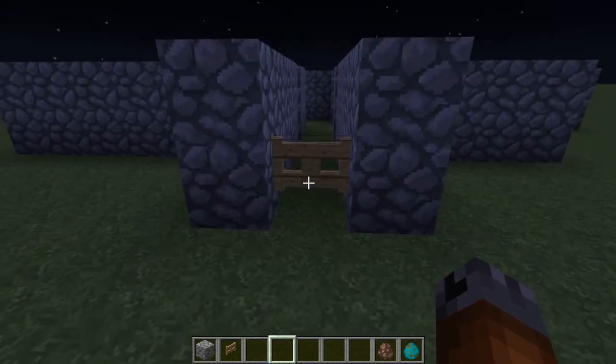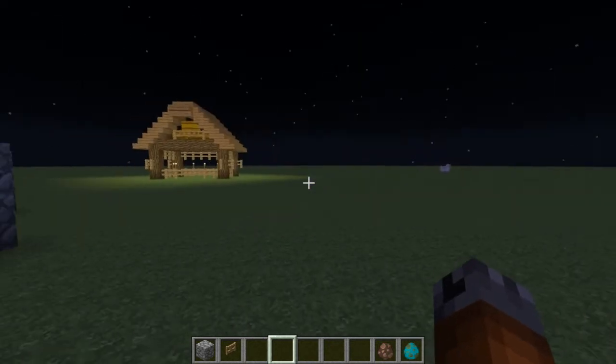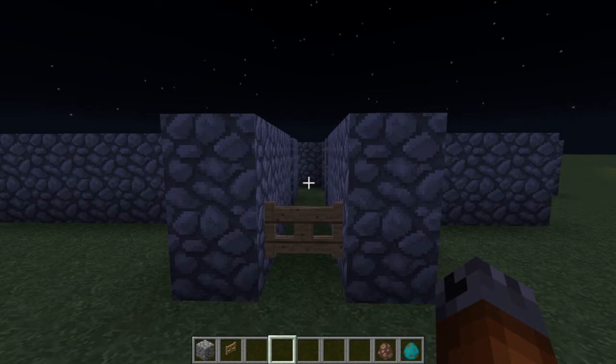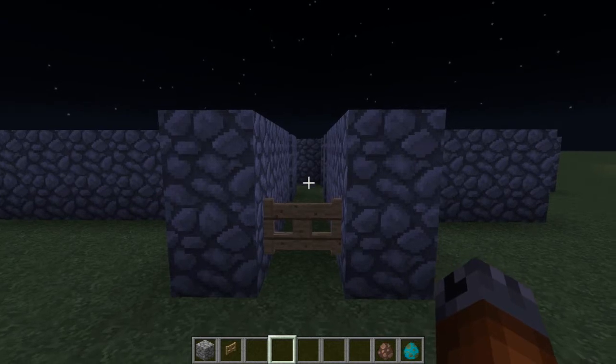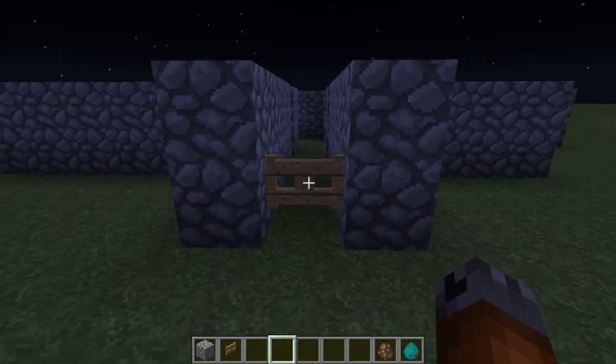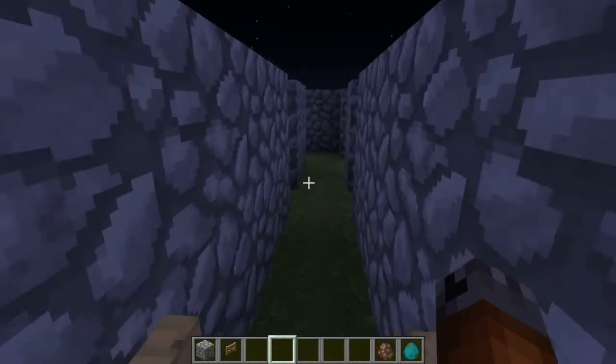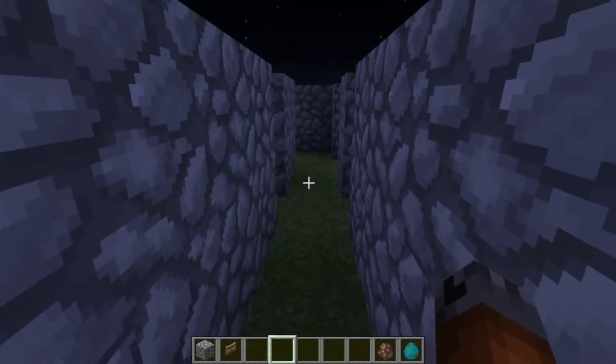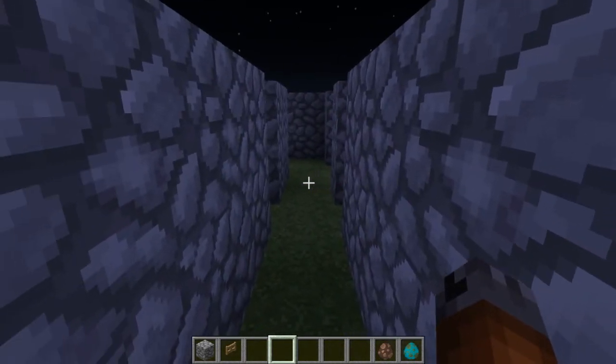Now, I've got an example here. I've got a maze, and we don't know anything about it. Obviously I built the maze, so I know about it, but I'm pretending like I don't. We've come upon this maze, and we need to find out some information about it. In a maze, a good rule of thumb is called the right-hand rule.